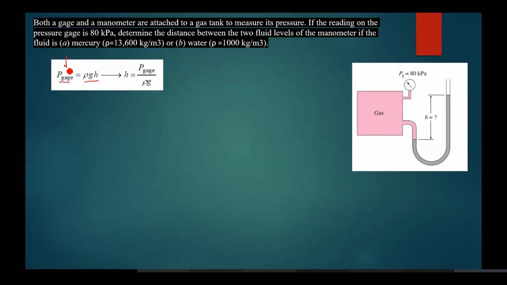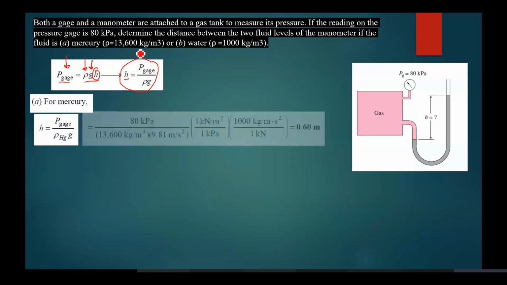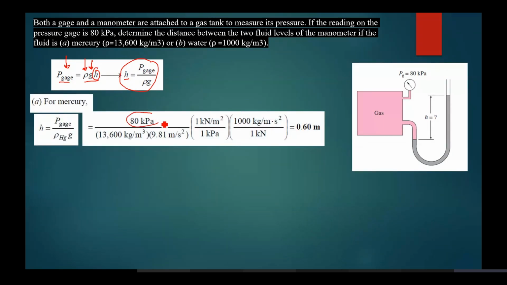Now this is given to you. Gravity is known to you. Density of mercury is known to you. The only thing unknown is H. So I'll make H the subject of the equation and I'll have this relationship. For mercury, I have to plug in the values of 80 kilopascal divided by the density and acceleration. And remember, if I am converting this into kilonewtons, I have to multiply it by 1000.